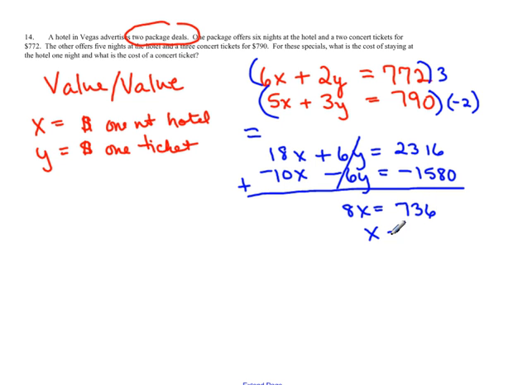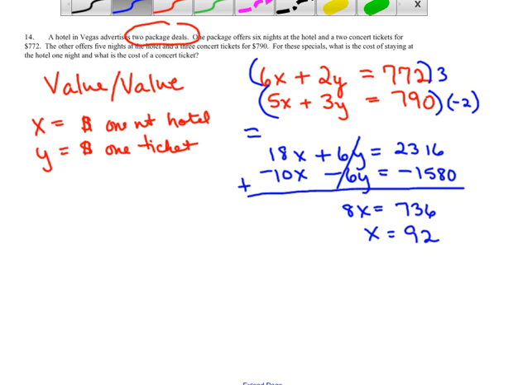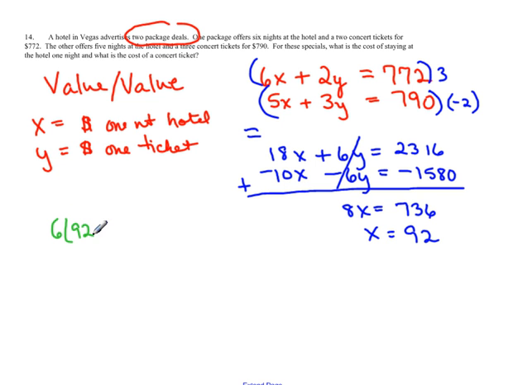Divide by 8, and x is 92. Just like the other problems, I now want to find the y value associated with this x. So plug this into either equation. I plugged into the top equation, so 6 times 92 plus 2y equals 772.